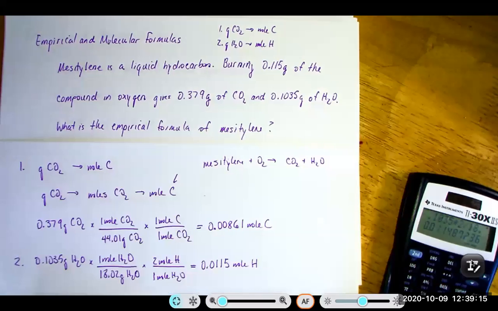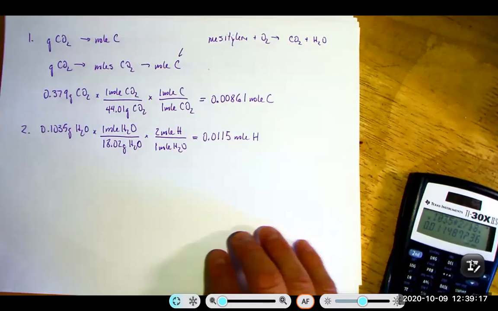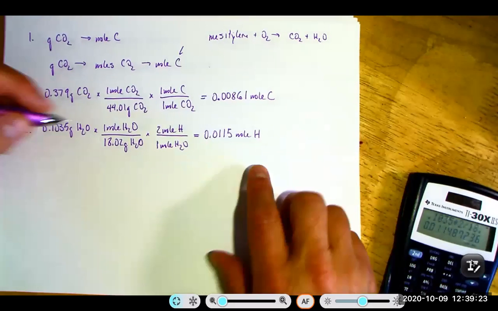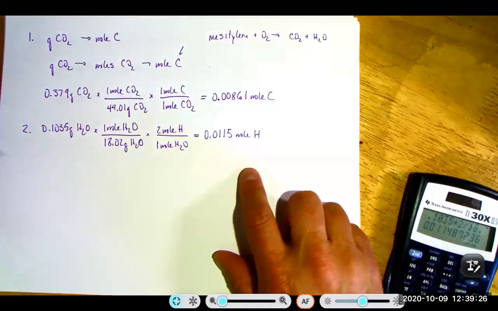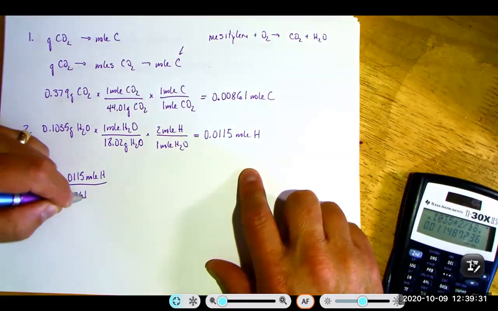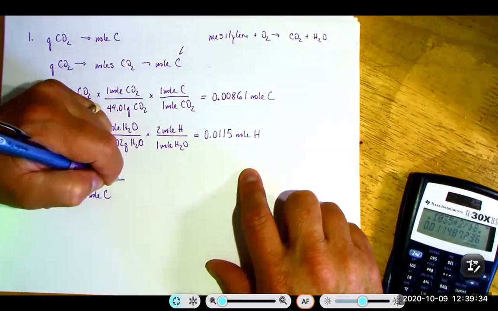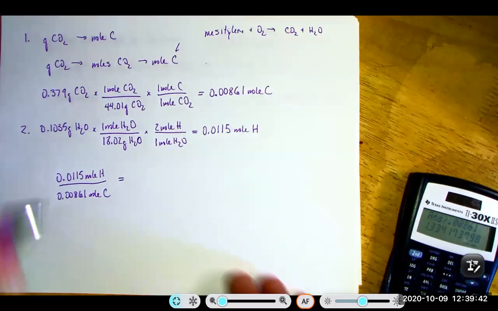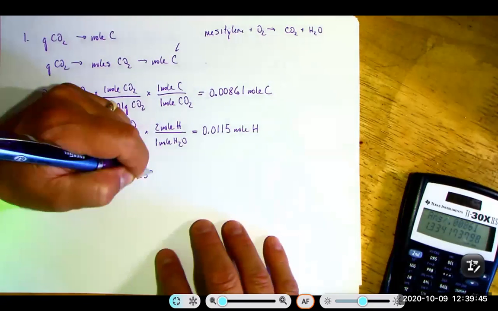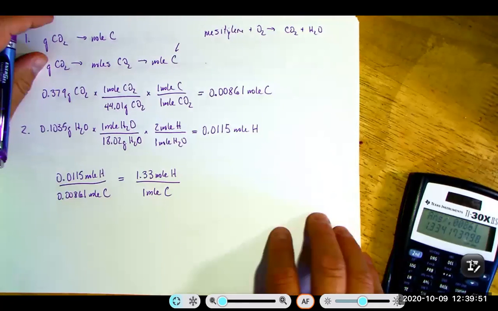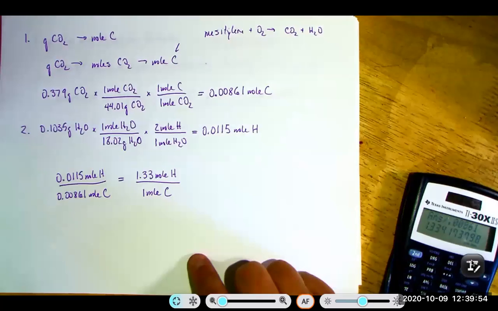Okay, now to get the formula, there's two ways to do it. One way is to take the bigger of these two and put it on top and get a ratio. So I'm going to divide by 0.00861. And so we get 1.33 mole of hydrogen to 1 mole of carbon. Now we know that the formula cannot have a fraction for the number of hydrogen atoms.